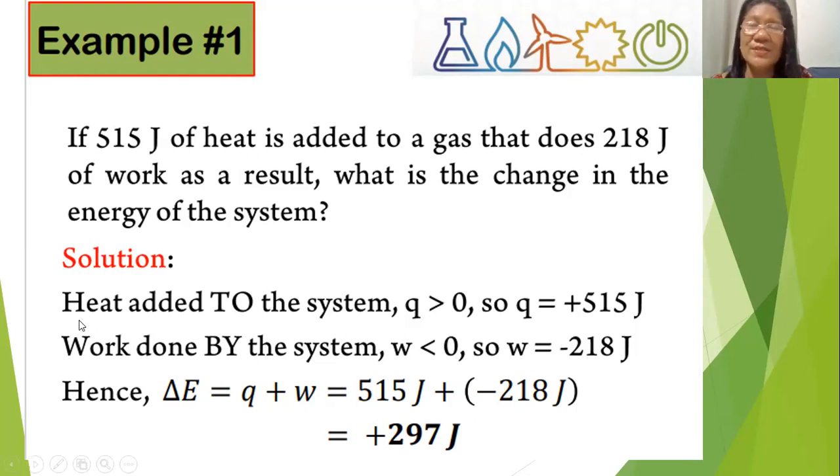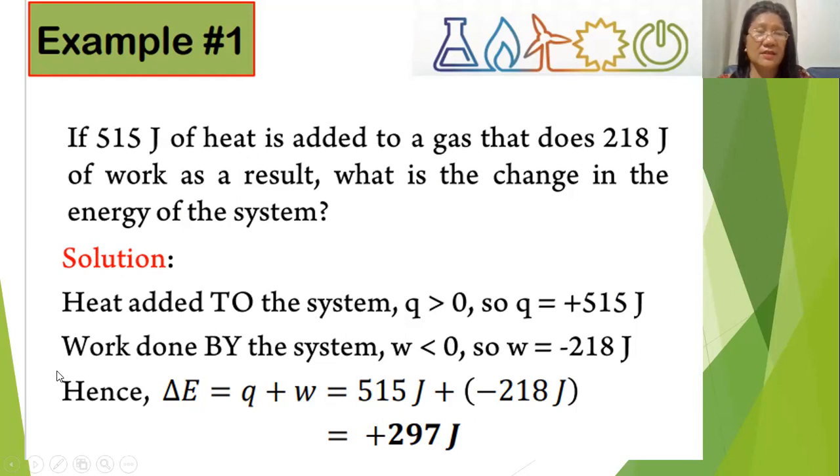So first, heat added, therefore heat is added to the system. Added gani meaning dako ang imong Q, it is greater than 0. Basta greater than 0 meaning your Q is positive. Therefore, this 515 nga heat is positive 515 joule.